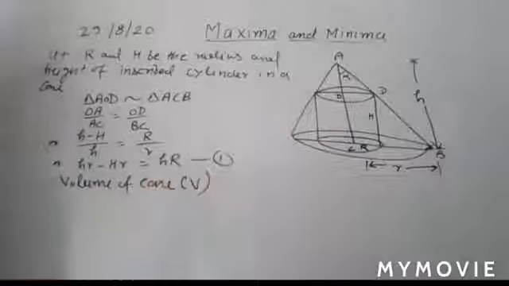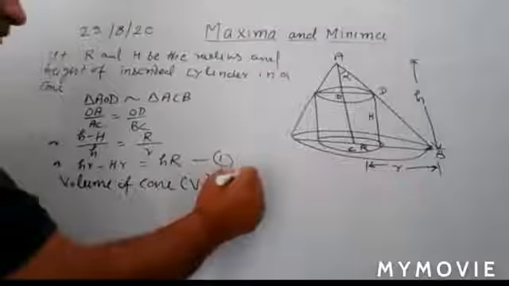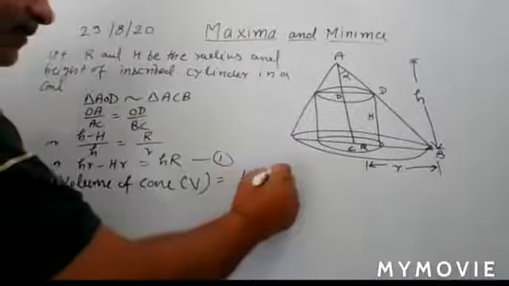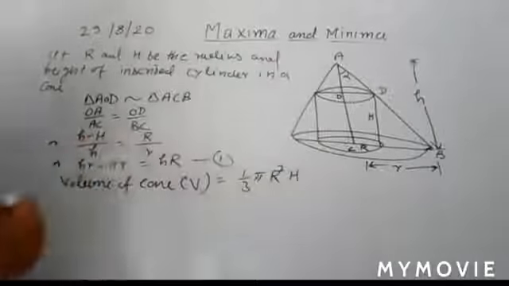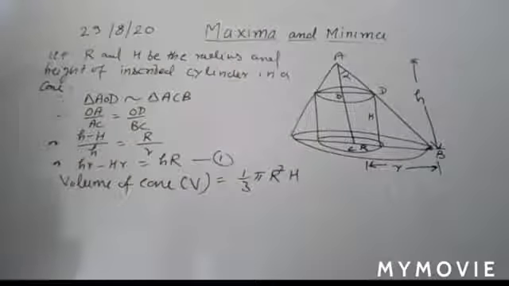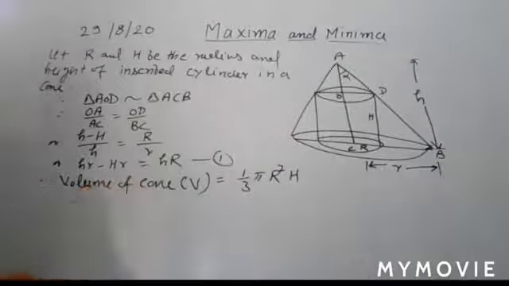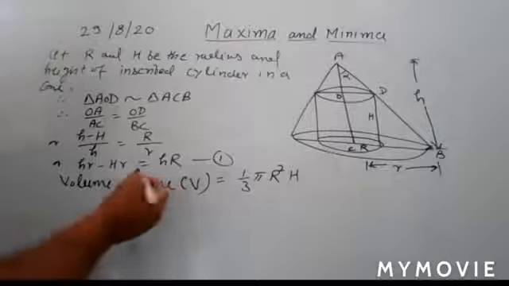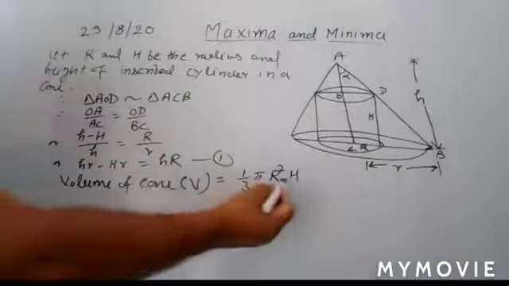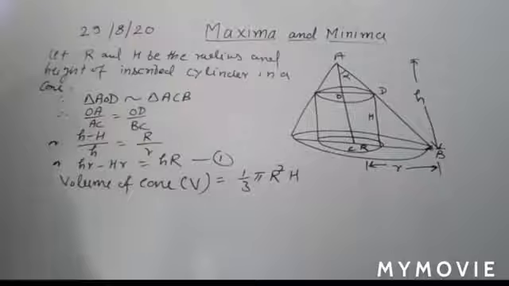Volume of cone V is equal to 1/3 pi capital R square capital H. Now, to put in any value, you have to find the height also. So just to eliminate capital H first, you can solve it.